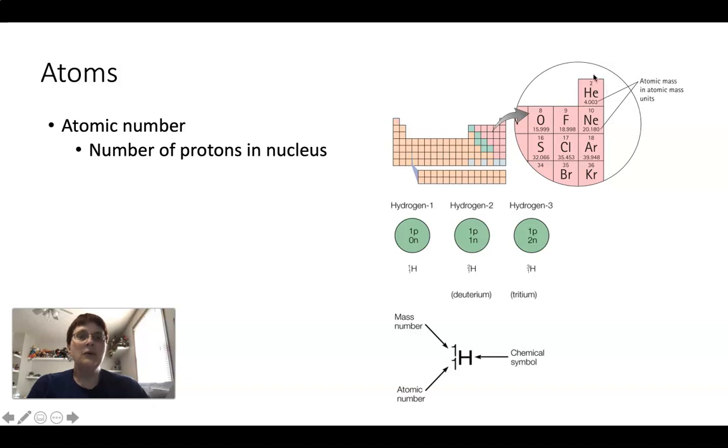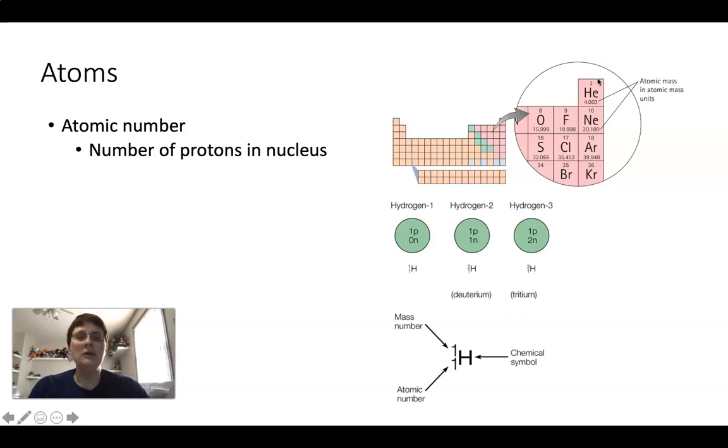So for example, with helium here, helium has 2 protons because it has an atomic number of 2. If we remove a proton from it, so it just has 1, then it becomes this guy down here, because this guy has an atomic number of 1, and it becomes hydrogen. So very different materials. They're both gases, but they have different chemical properties.